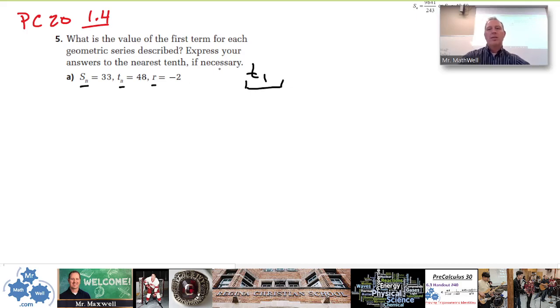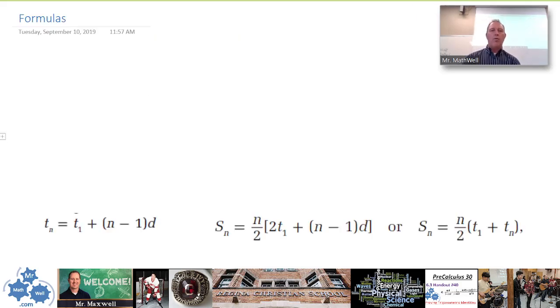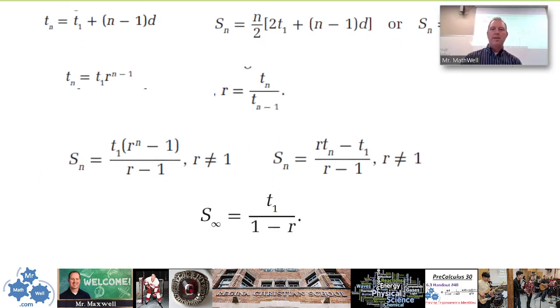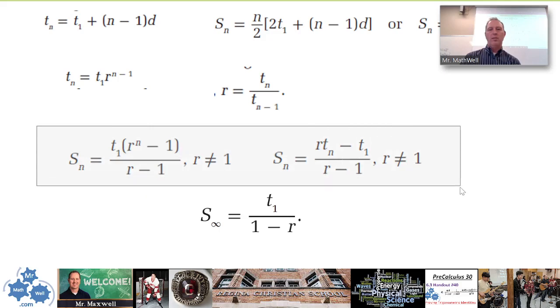Well, I guess what we have to consider are what are the formulas that we have to work with. So it's geometric sum formulas. So it looks like we're going to be looking at one of these two.